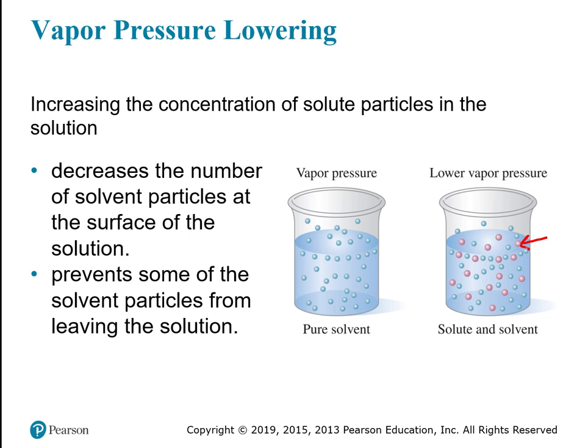You add the salt, now some of the sodium and the chlorine is going to be competing for this top spot, okay? The top layer, the top surface of the solution. That's going to prevent some of the water molecules or the solvent particles from leaving the solution. And those particles leaving solution is what vapor pressure is. So when you add solute, you're going to decrease the number of solvent particles.